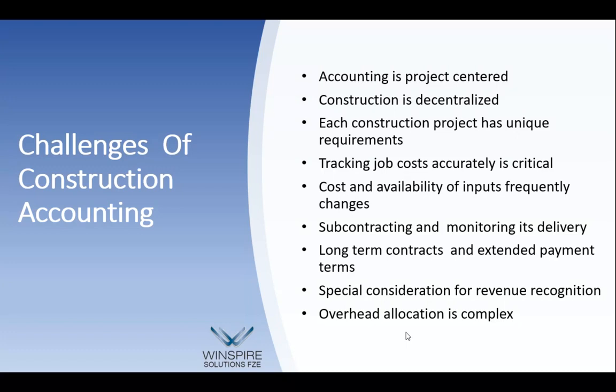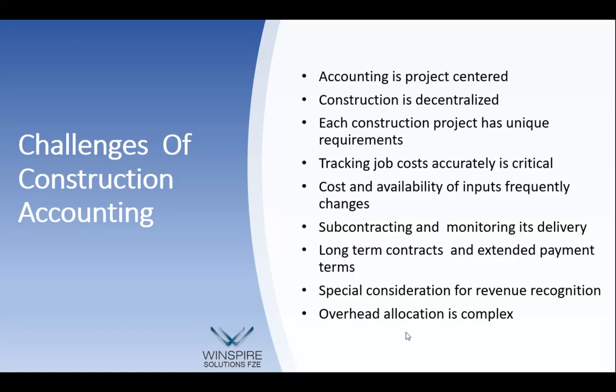Cost and availability of inputs also change. Subcontracting monitoring is very critical. Long-term contracts extend beyond one year, and a financial budget is usually for a year, but you can extend it through the life of the project. For example, if a budget exceeds your one financial year, you can still have the balance of the budget carried over throughout the life of the project.